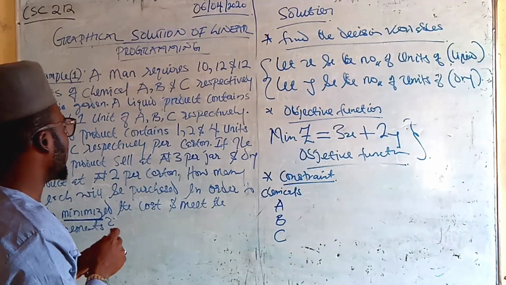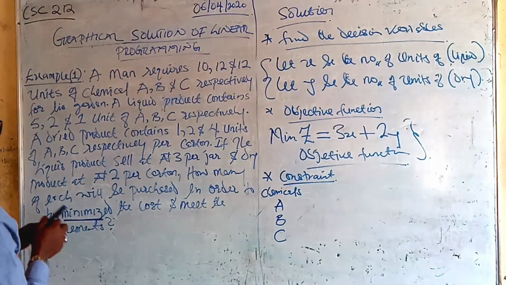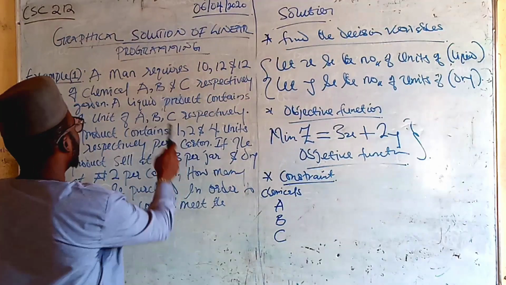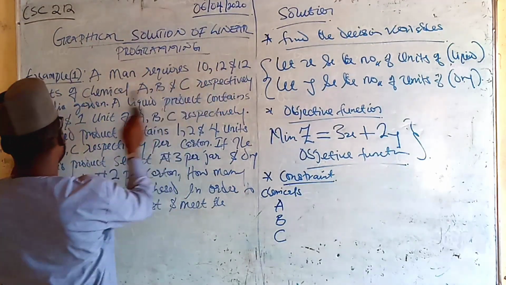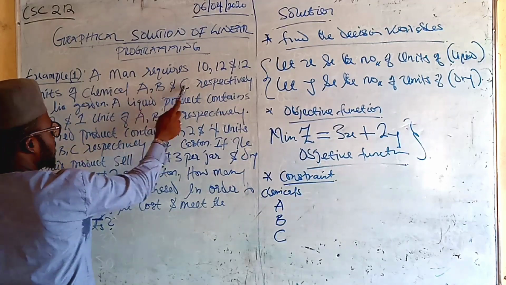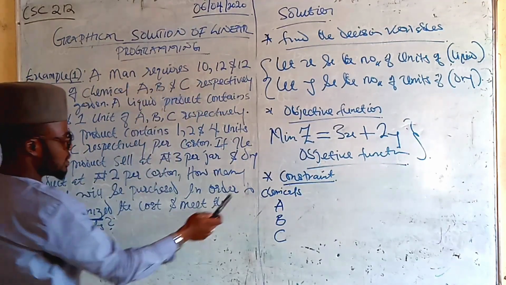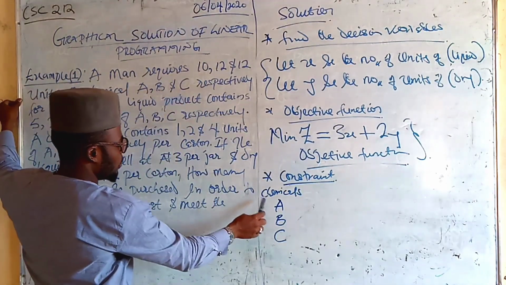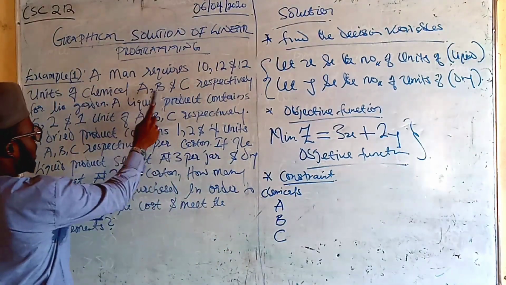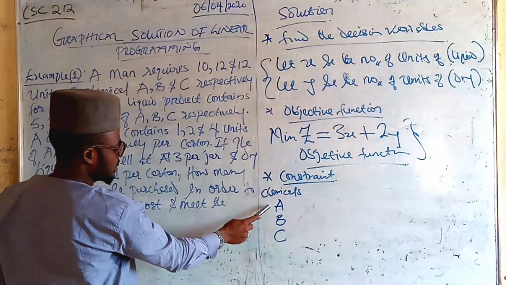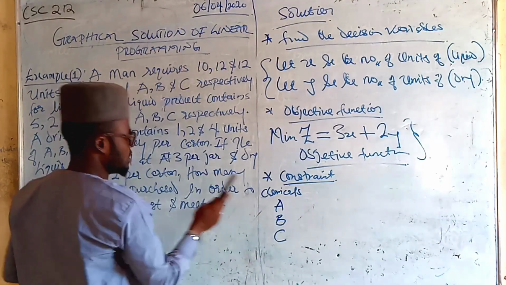In the problem, they have stated that a man requires 10, 12, and 12 units of chemical A, B, and C respectively. So our constraints are going to start with the chemicals: chemicals A, B, and C.